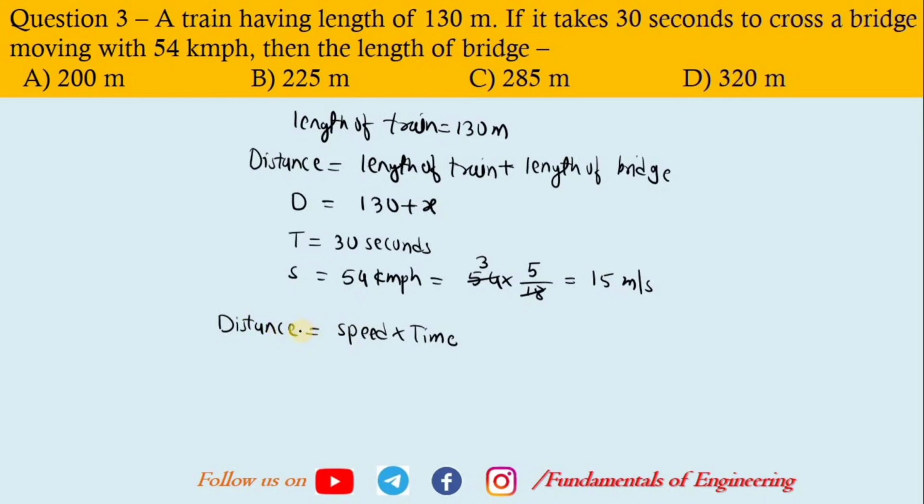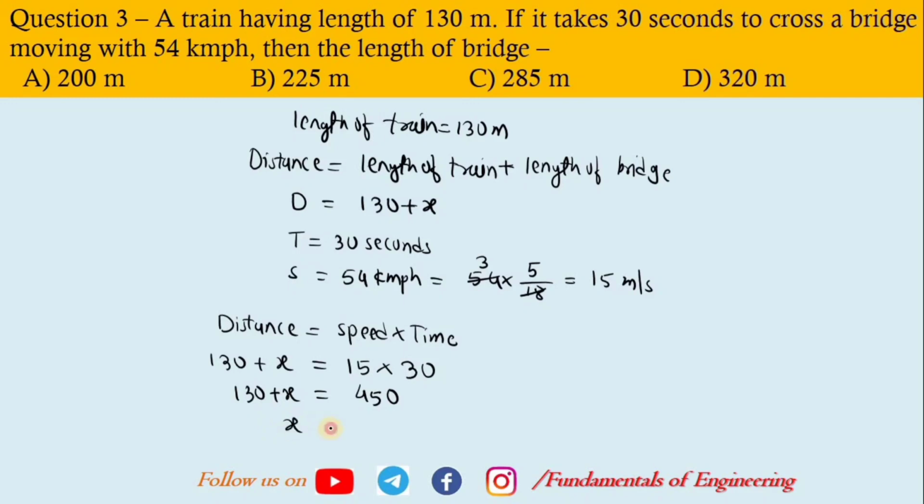We have taken the formula based on the distance. So distance capital D, 130 plus x, is equal to the speed we calculated in meters per second, that is 15, and the time given as 30 seconds. So we got 130 plus x equals 15 3s are 45 and this 0, so 450.